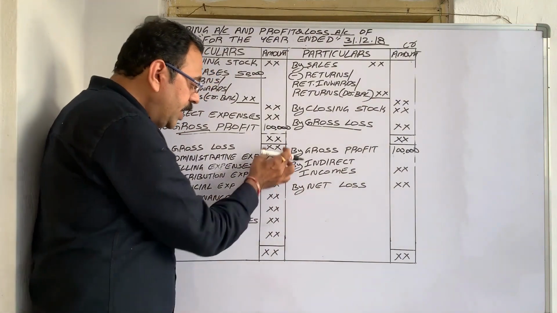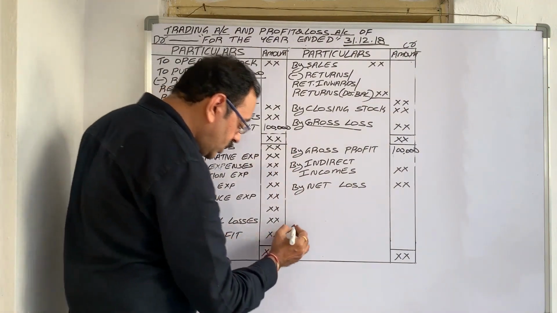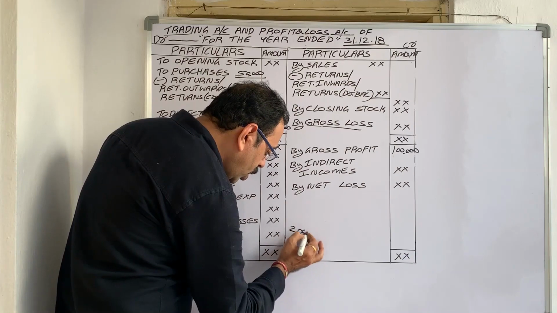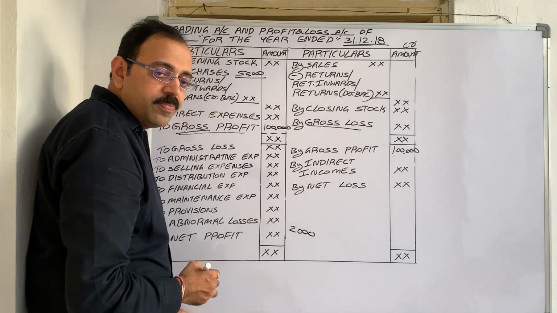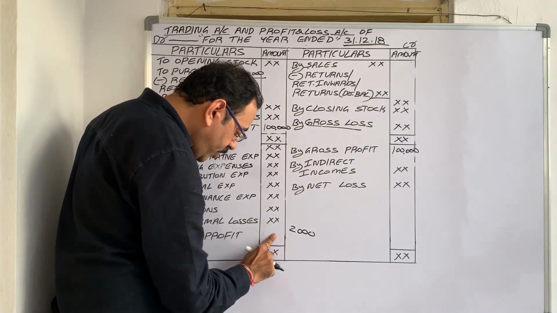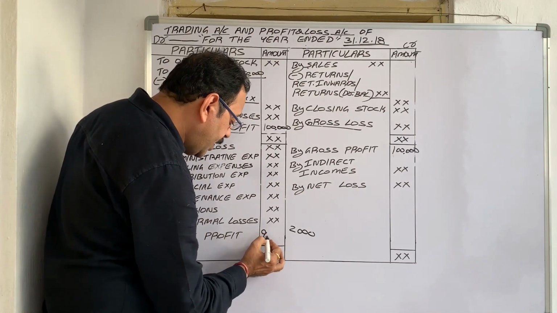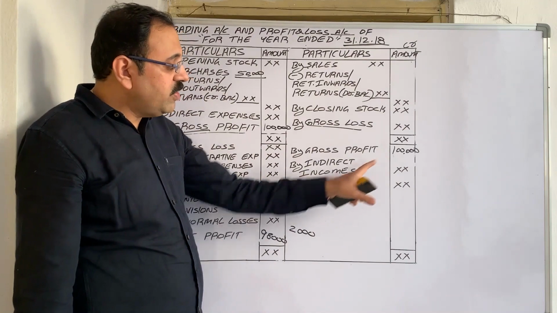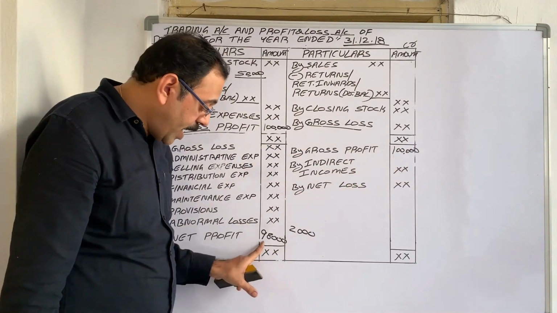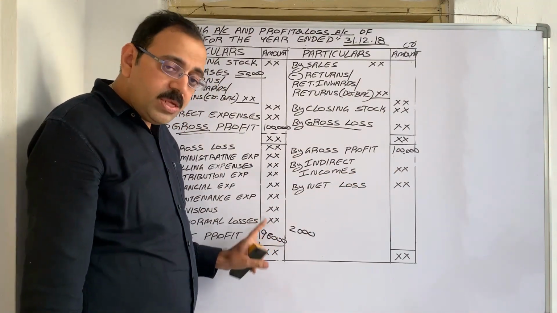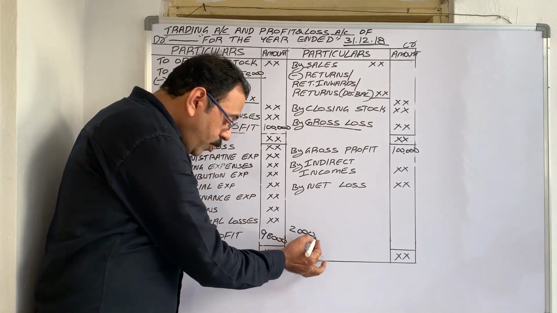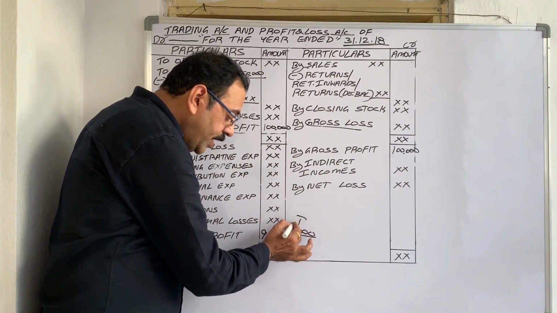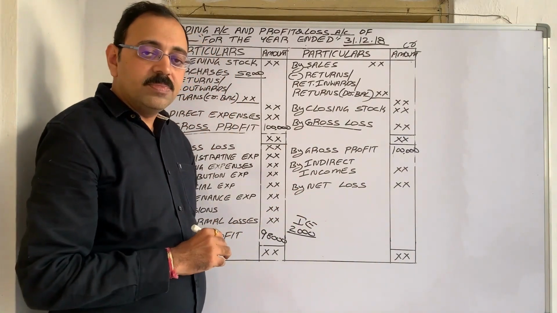Say indirect expenditure amount is 2,000 rupees and net profit figure is 98,000. So there is not much difference between gross profit and net profit. What is the meaning of that? We have proper control on indirect expenses.